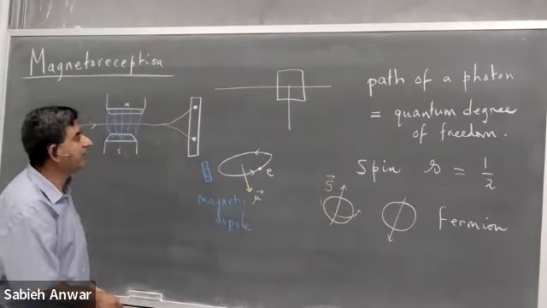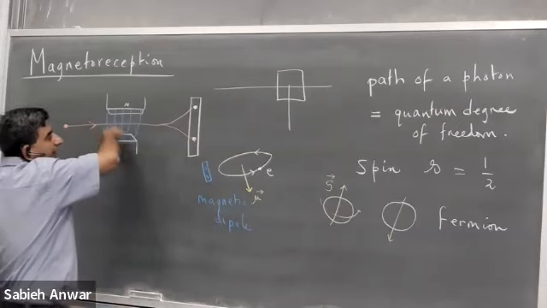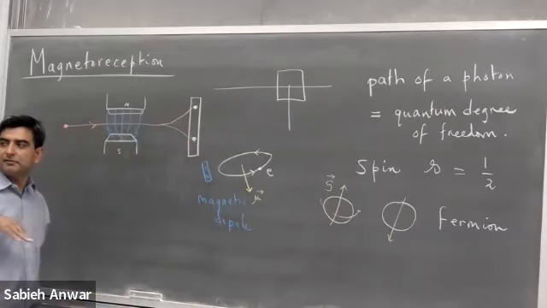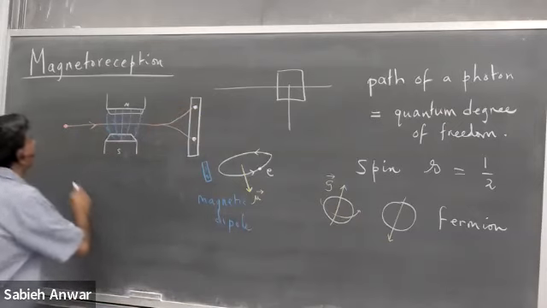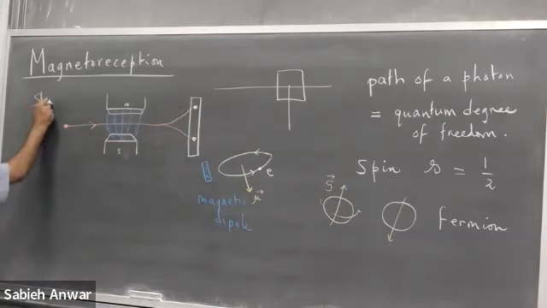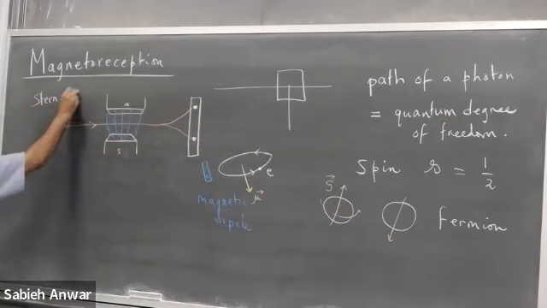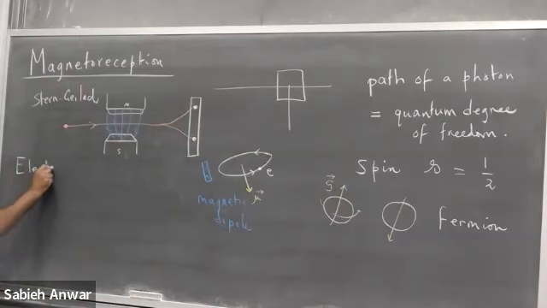If the spin were 0, then this beam would have gone undeflected. This experiment, by the way, is called the Stern-Gerlach experiment. So the electron has spin, which is a quantum mechanical property.